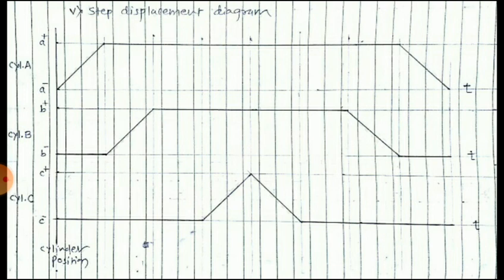So for cylinder A, A minus to A plus is the forward stroke of cylinder A. Then in cylinder B, after some time B minus is connected to B plus, that is the forward stroke of cylinder B. Then there is an idle stroke, or a delay, and after some time C minus is connected to C plus. Then C minus, delay, B minus and A minus. So that is regarding the step displacement diagram.